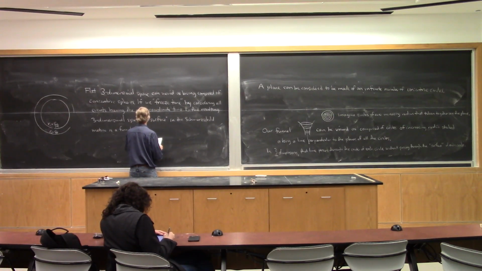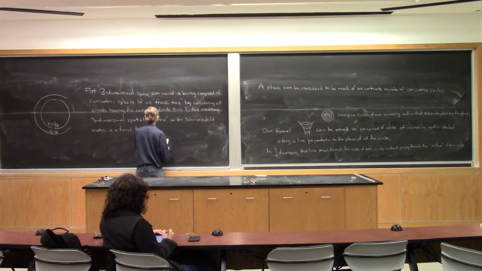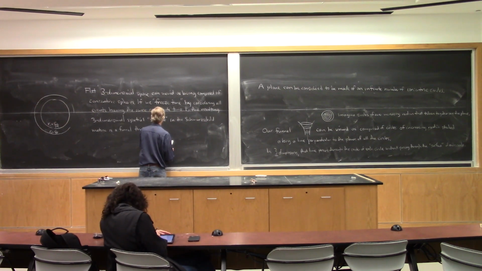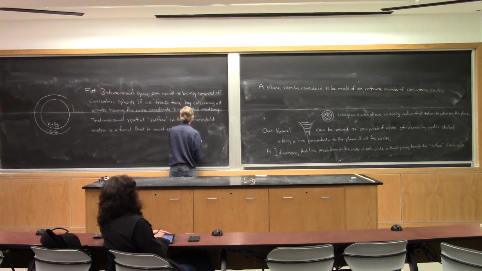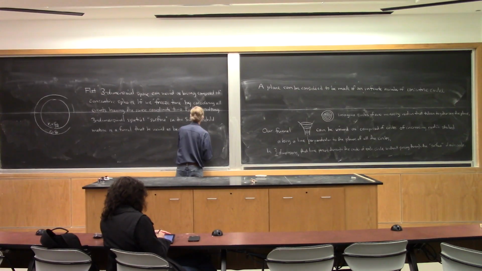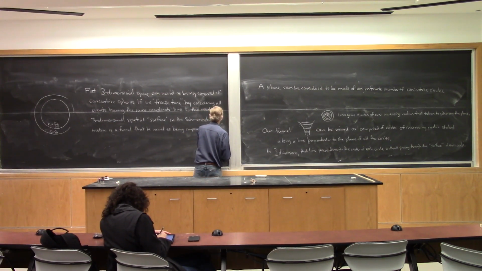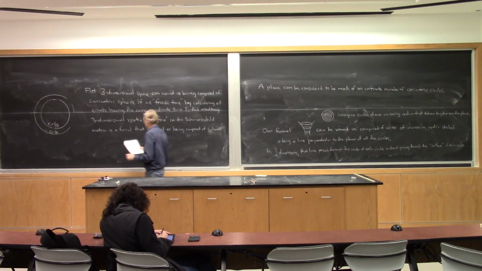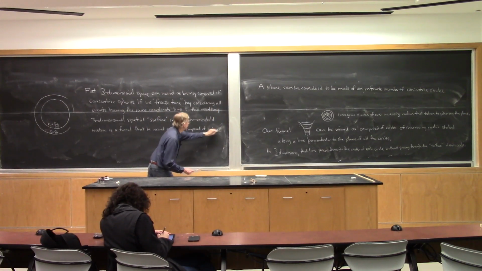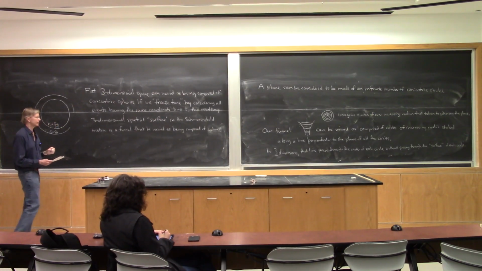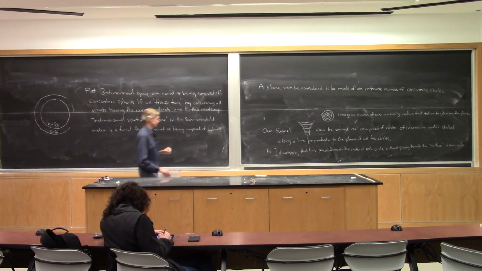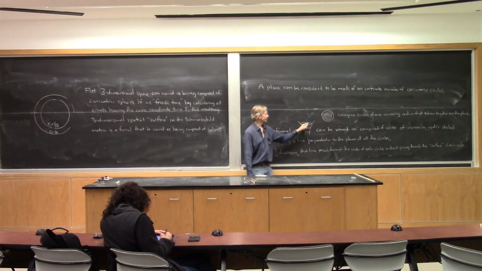that can be viewed as being composed of spheres. Spheres, underline, instead of circles, or if we want to use fancy language, a circle is a one-sphere.